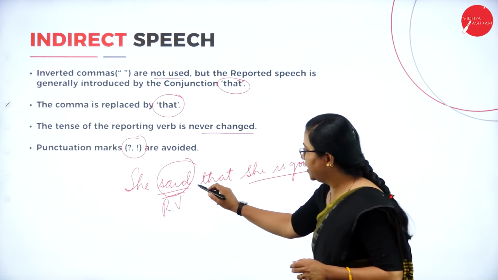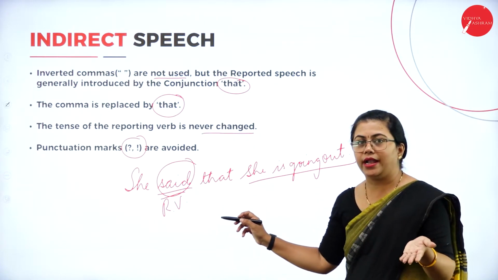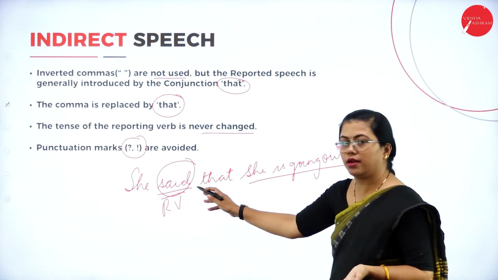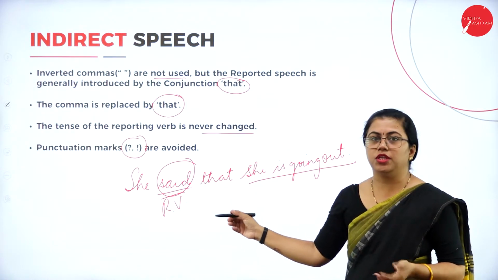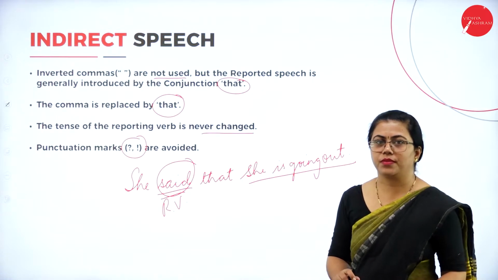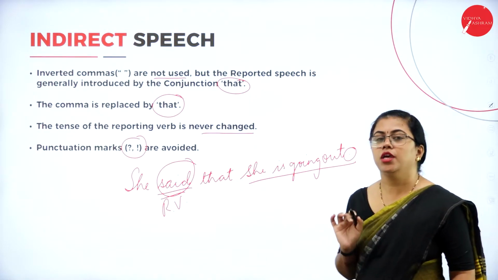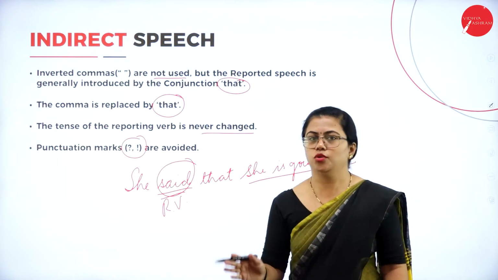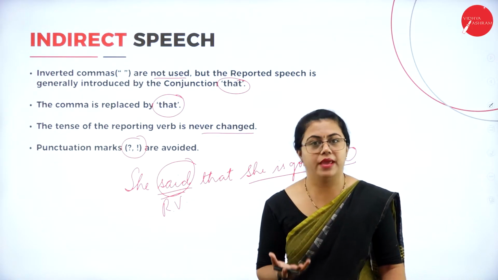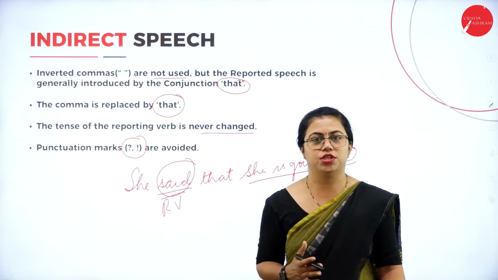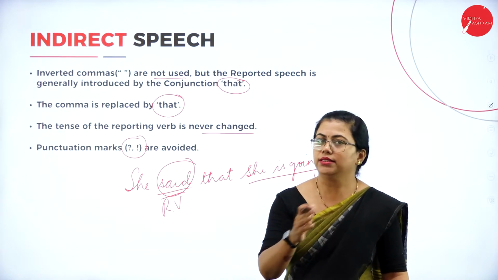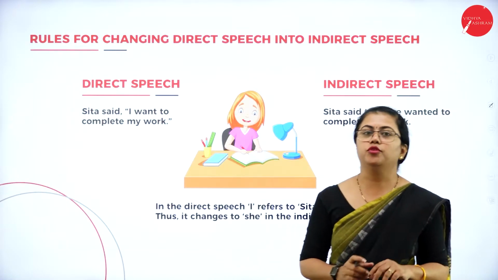Even after said, when you are writing in direct speech, you use a comma here, right? In reported speech, you will not use a comma. So only the full stop at the end is the punctuation mark you use when you are changing from direct to indirect speech. This is the basic rule you have to understand. Other than this, there are a few more rules that you have to understand.